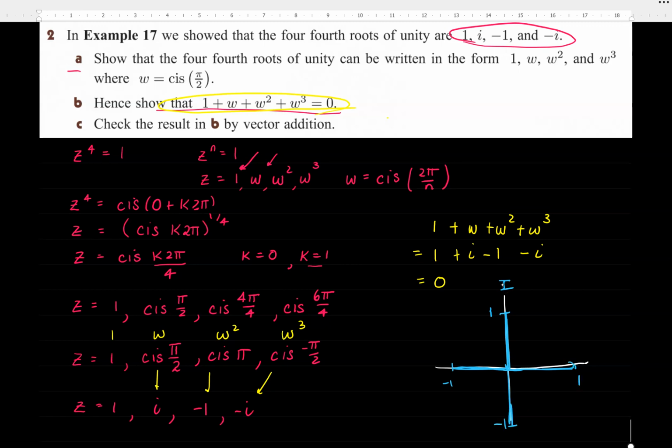If we were to add them all up, looking at them as vectors, that's your i, and then we add on minus 1, and then we go down there, minus i, so we get back to 0. So that would be the proof using vector addition. Obviously, you wouldn't put those ones in there, you just draw the square.